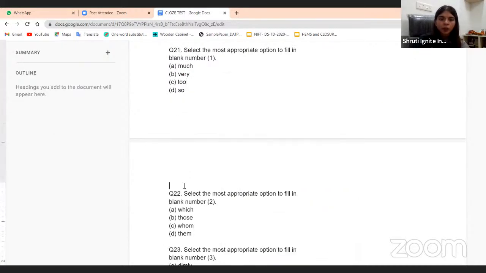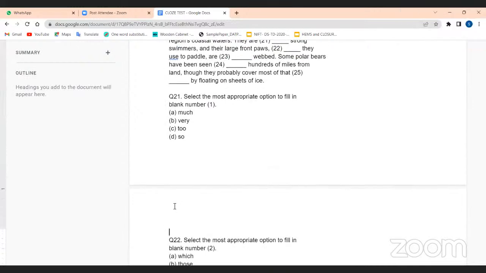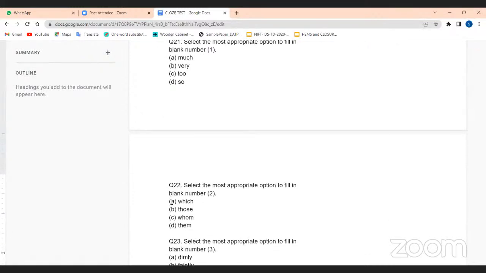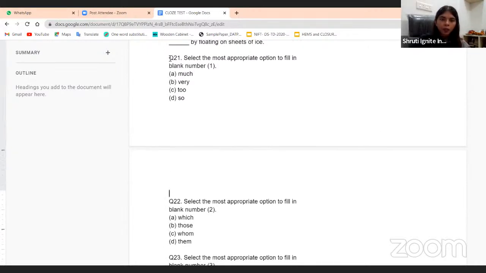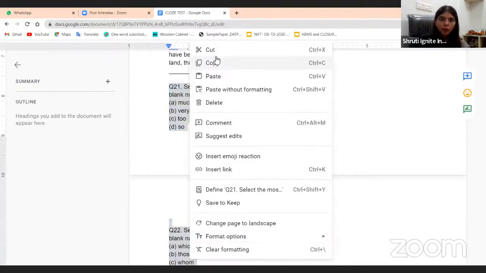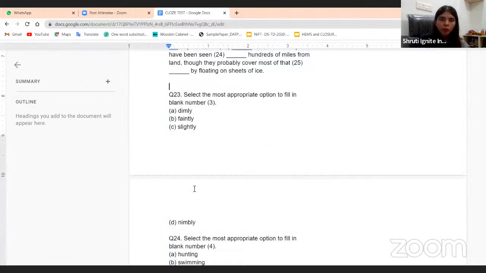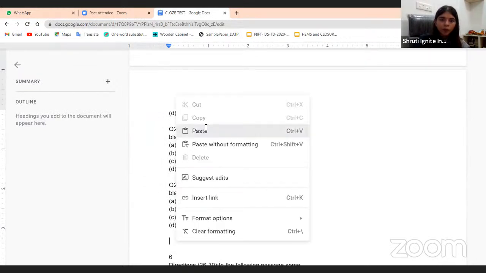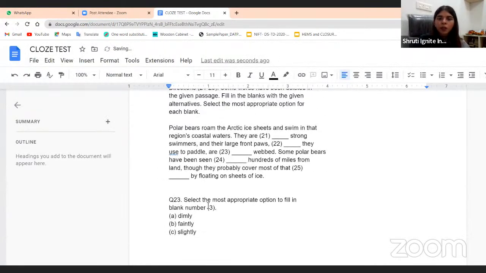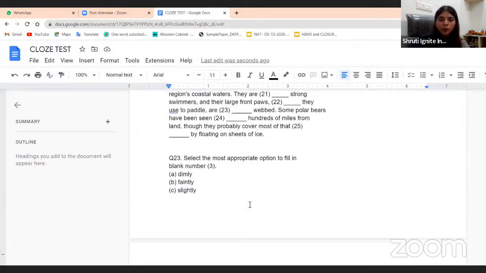So what do you think would be the dash which they use to pedal, are dash well.